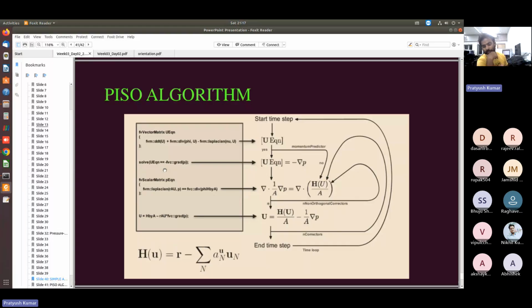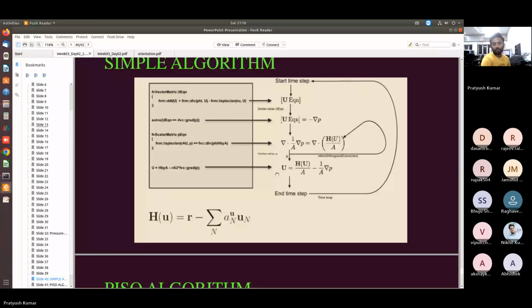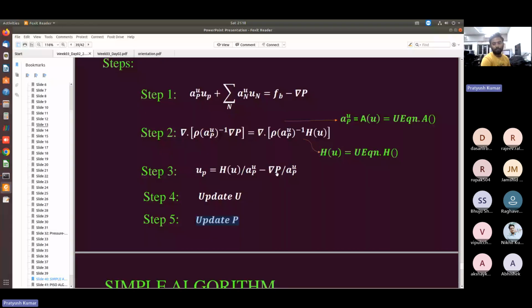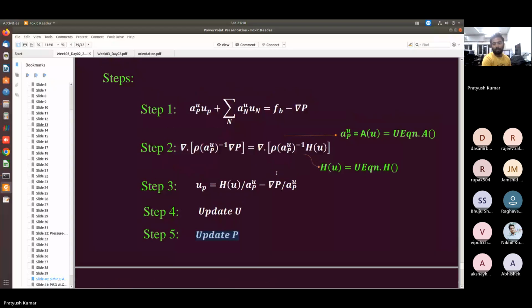Anirban, I did not get your question. What is U and U in step 2? Which slide are you talking about? This slide. So this UP, you are asking what this is.